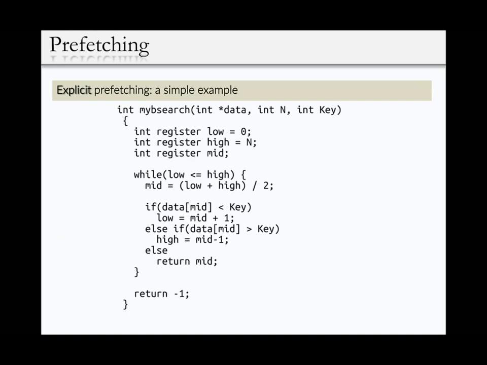So this is an example. This is a classical binary search. Okay, you know what it is, a binary search. So you have an ordered array, and you want to search for a value. You pick up the mid value and you compare with your value.